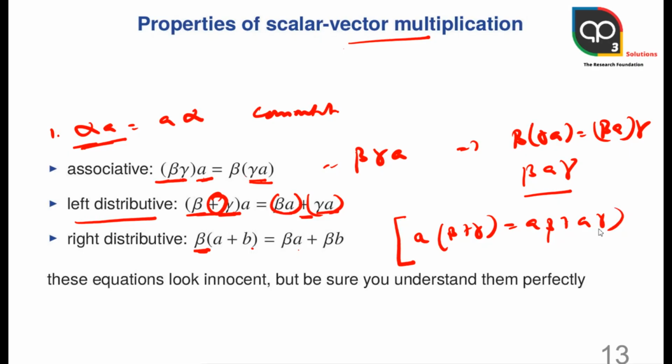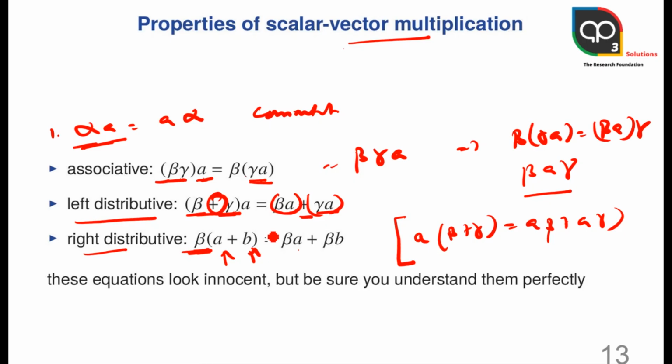Scalar vector multiplication satisfies this as well. Let me take this right distributive property: beta into (A plus B) equals beta A plus beta B, for any scalar beta and any n-vectors A and B.